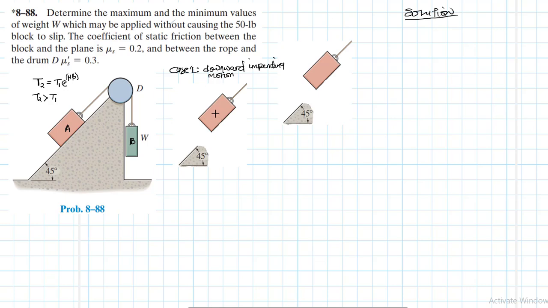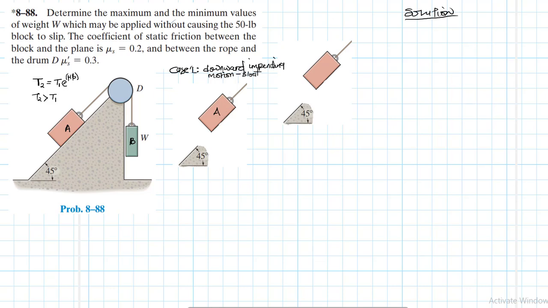So we are assuming that block A is tending to pull block B. We are assuming that block A tends to pull block B.